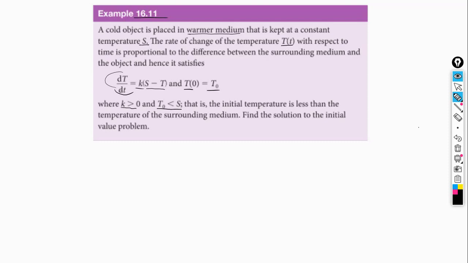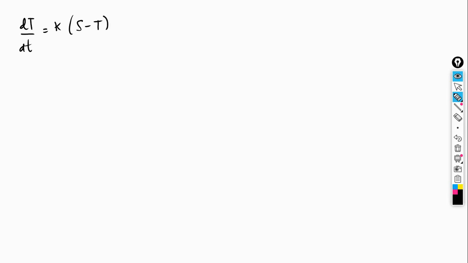Okay, so for this we're going to need a lot more space. So notice that we said that the rate of change of the temperature with respect to time is equal to a constant k times S minus T, which is the temperature of the medium minus the temperature of the object. And we have that when time is equal to 0, the temperature is T sub 0, or the initial temperature.